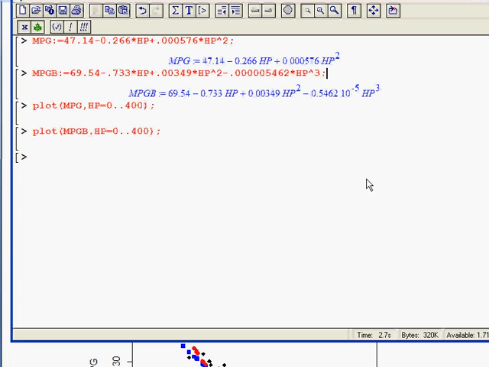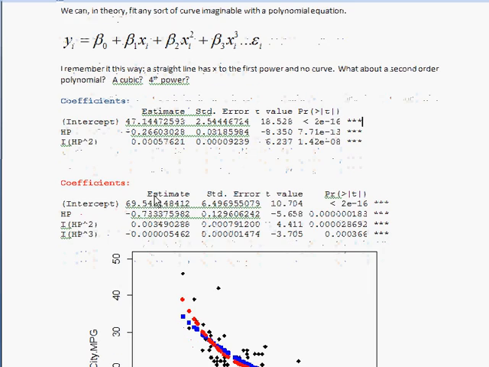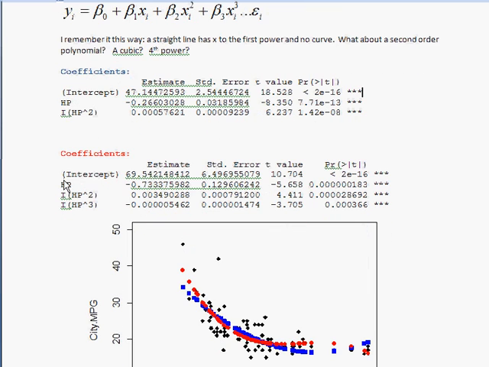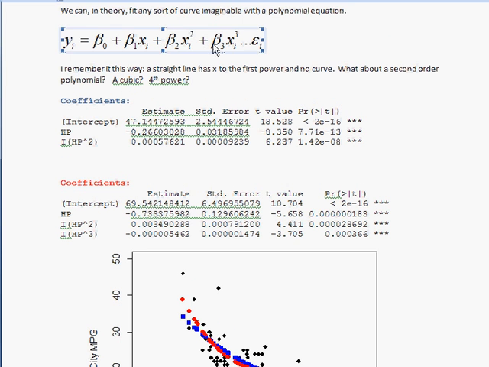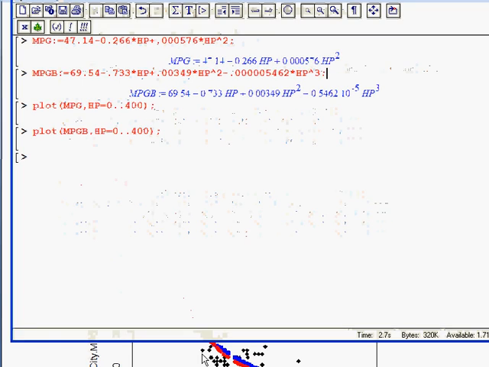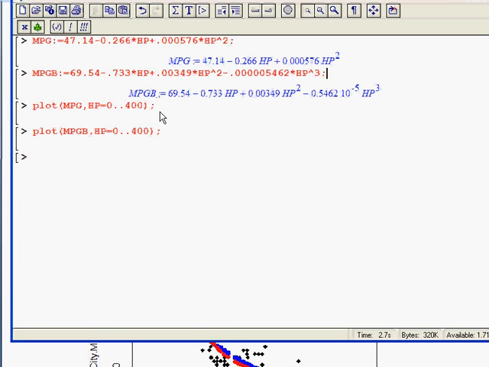I put in also the coefficients from a cubic equation. 69 is the y-intercept, minus 0.733 plus 0.0349 minus 0.000. That would be what's multiplied times the cubic term here in our equation. And so I put that in here, and this program's good at graphing, and we'll see a couple of the things that it can do.